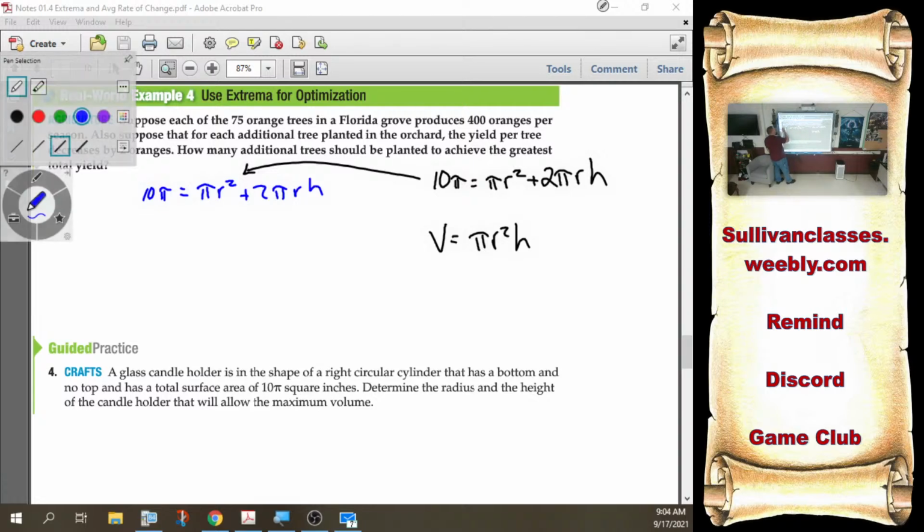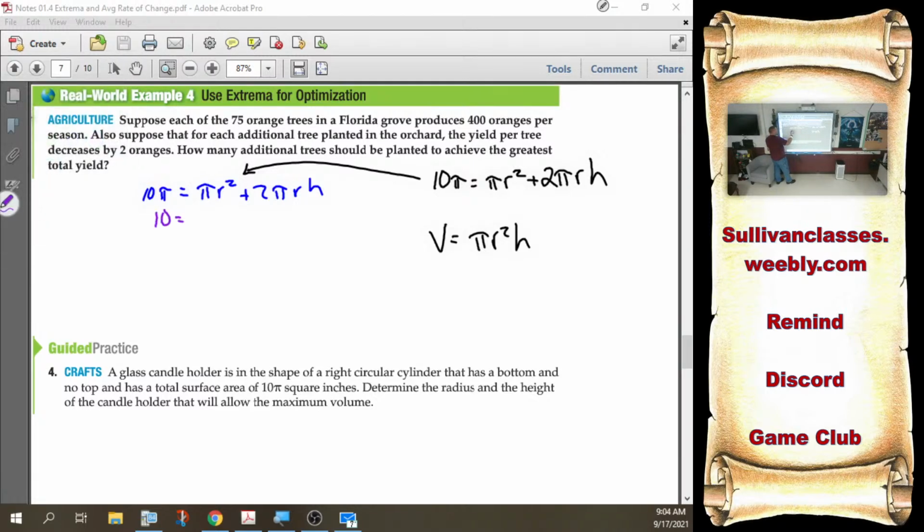If I divide everything by pi, 10 is r squared plus 2 r h. If I take 10 minus r squared is 2 r h, and then divide by 2r, I have h in terms of the radius.